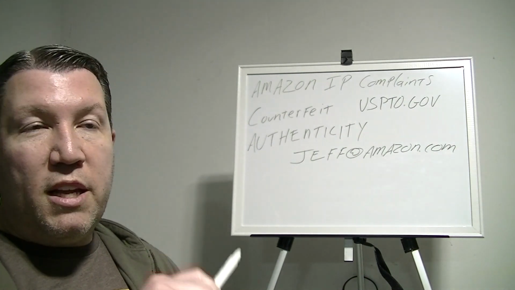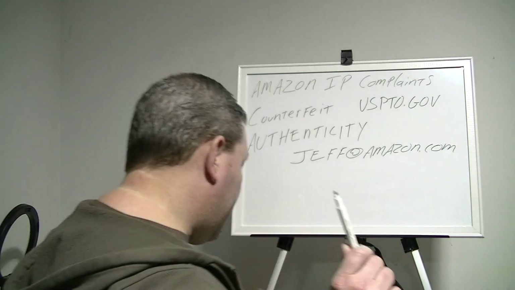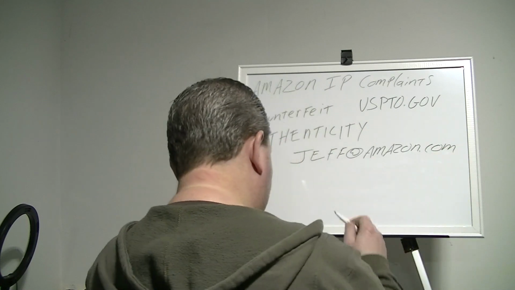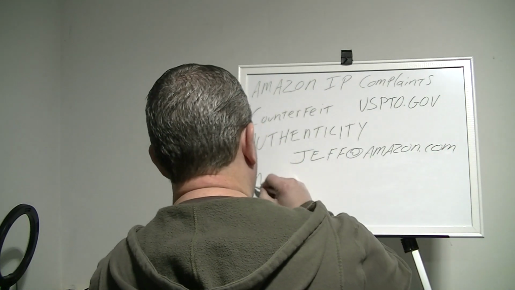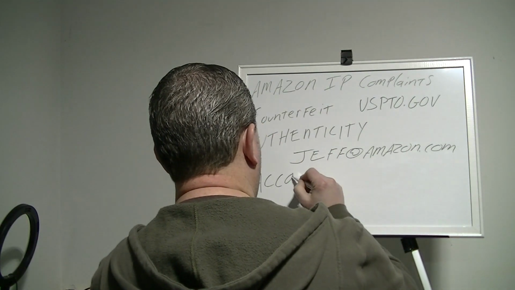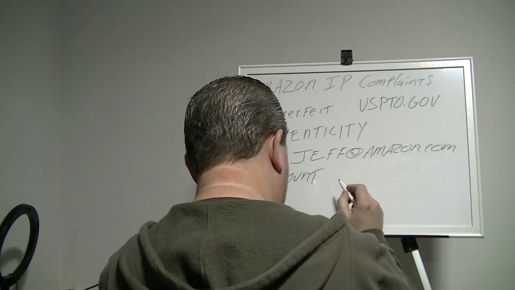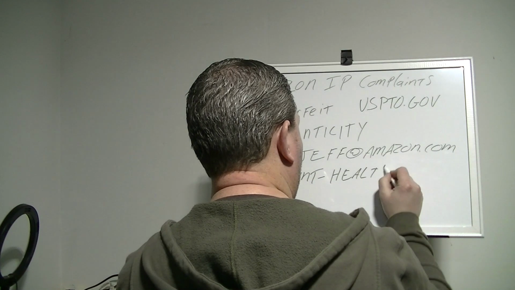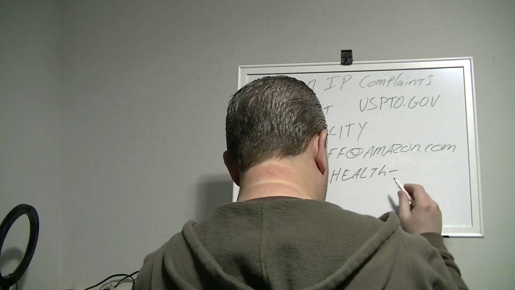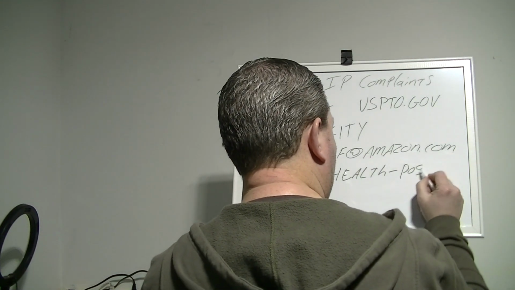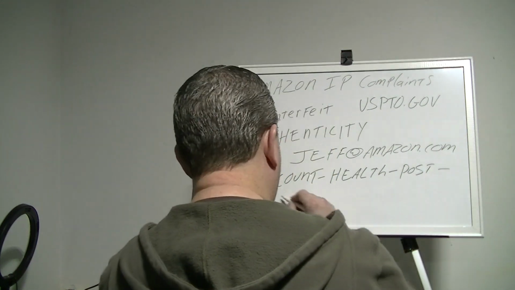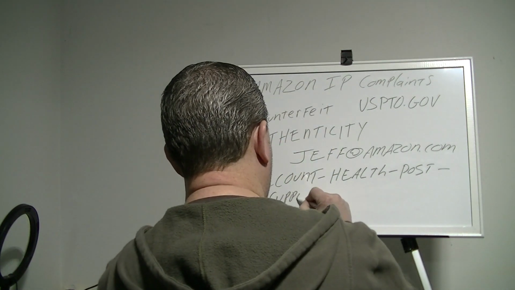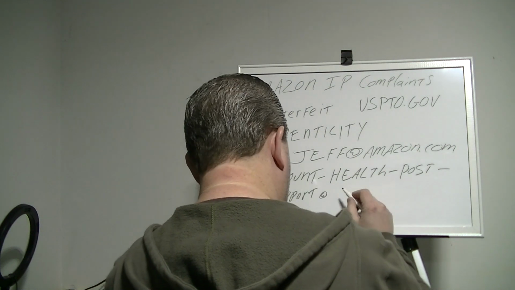So you just put in the subject, and before I tell you, let me put down the second email that you want to send to, which is called account-health-post-support at amazon.com.